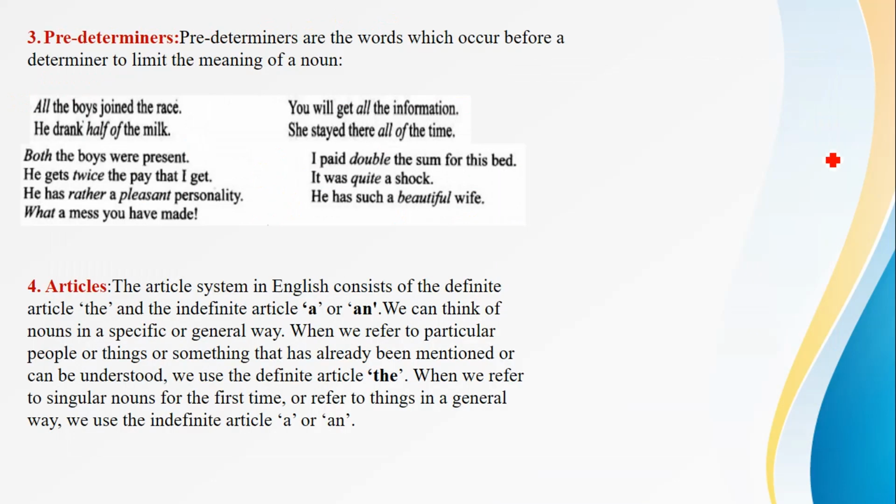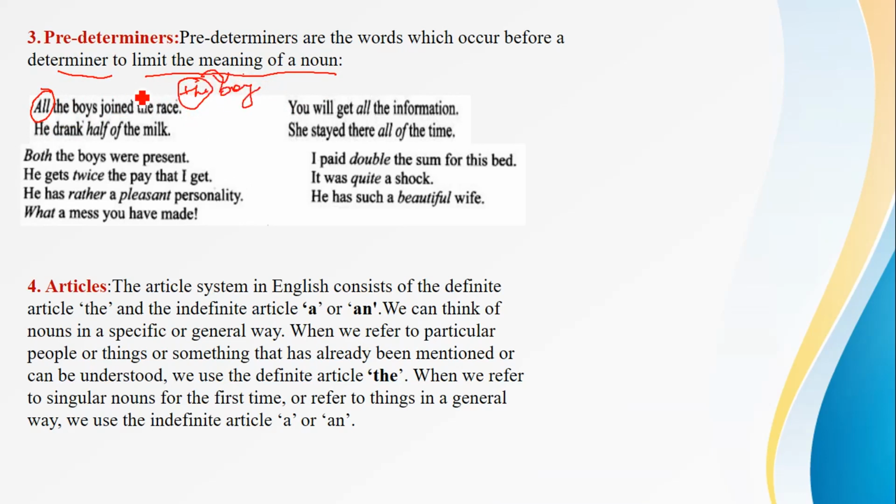So first and foremost, predeterminers. As I've already told you, predeterminers are determiners which are used before a determiner, and they are used to limit the meaning of a noun. Like: all the boys joined the race. Right now all is a predeterminer because the is a determiner. I've told you that the word used before a noun that determines a noun is known as a determiner.